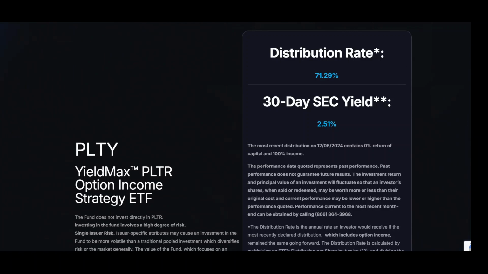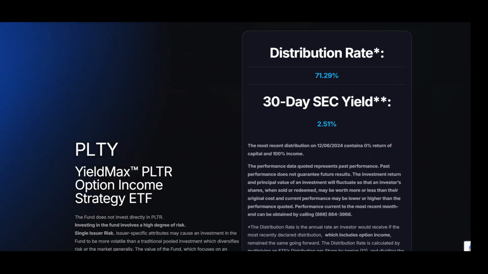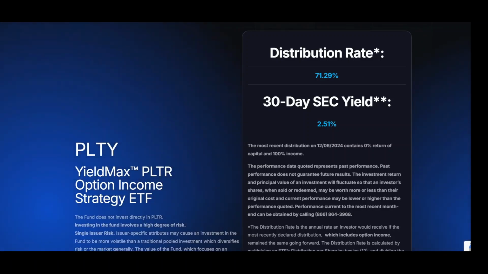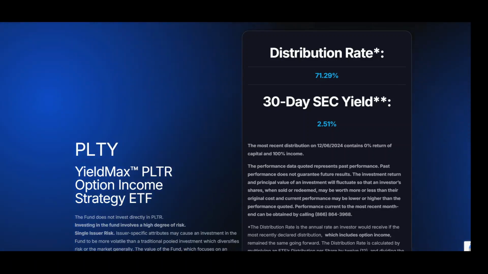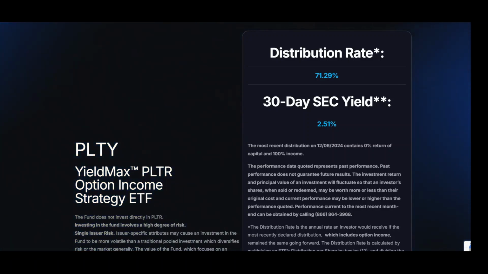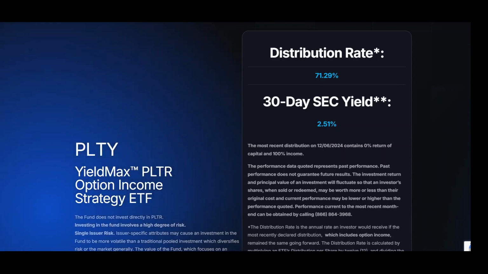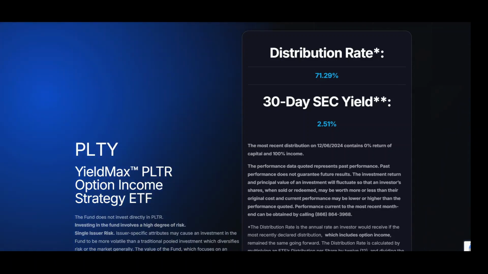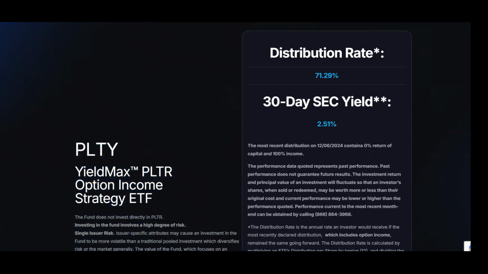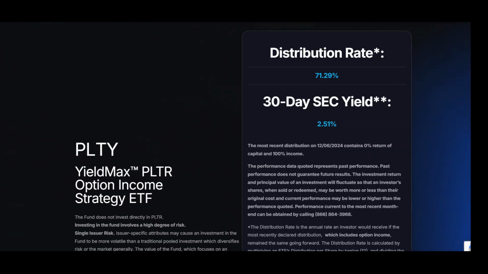Hey, we're going to take a look at PLTY, and I'm going to look at the portfolio that I have on PLTY and see what my actual average price is. My broker account shows my average price per share, which is my purchase price average.